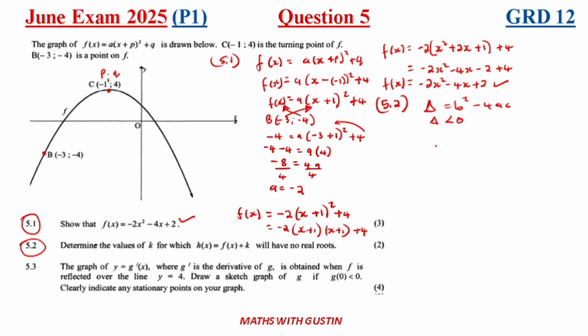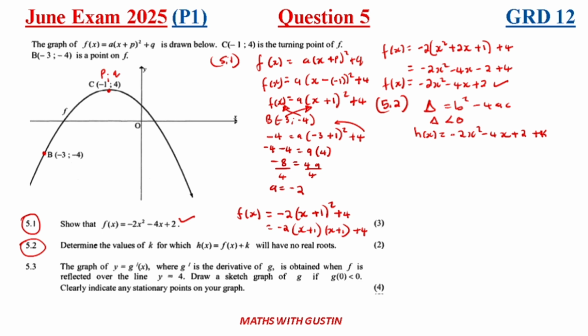So now, however, what we can do, we just need to calculate this. All right. So they're saying h of x is given by f of x. So we're going to take the f of x and put it here, plus 2, therefore plus k. Because they are saying we need to add k there.